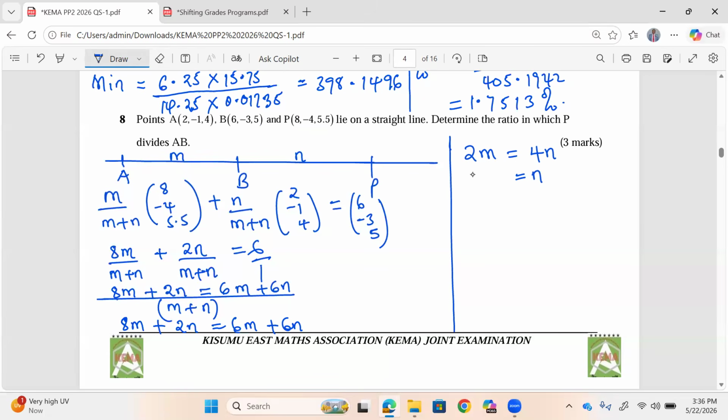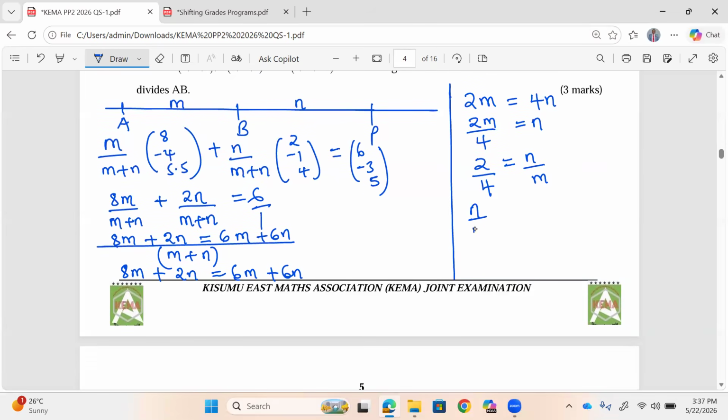Then we divide by 4 both sides. Then again, we can remain with 2 over 4, and we divide by m through. So n over m equals to half.